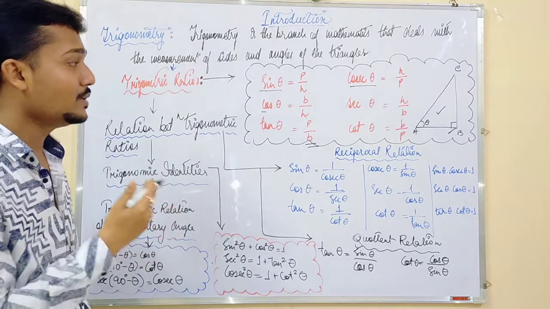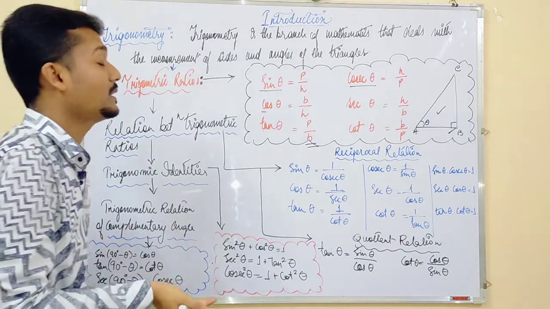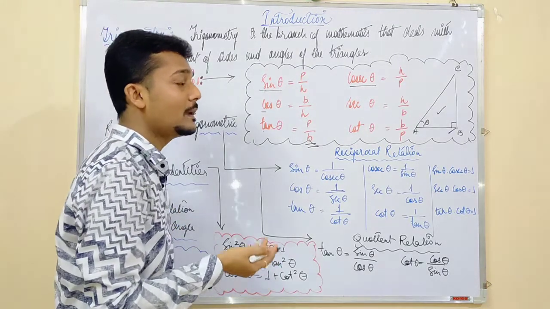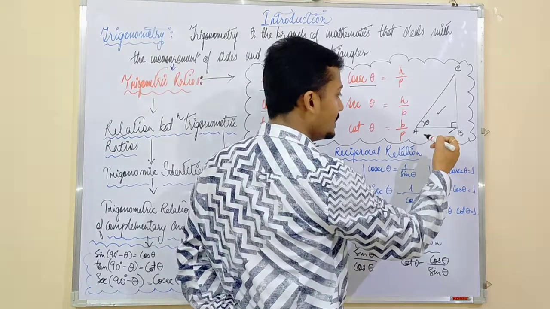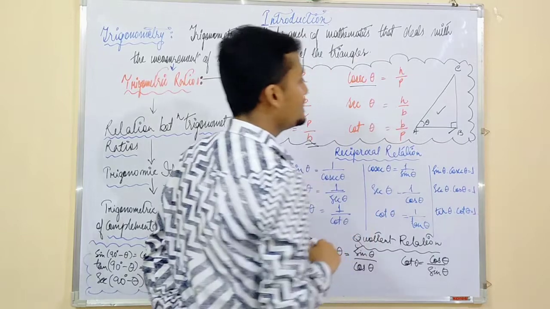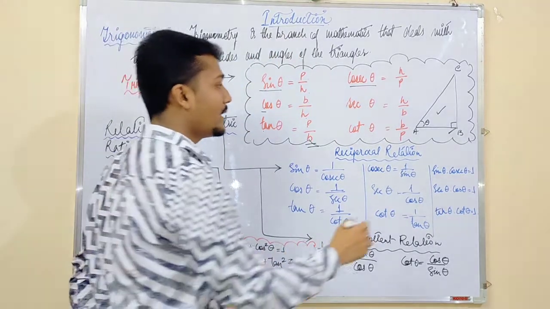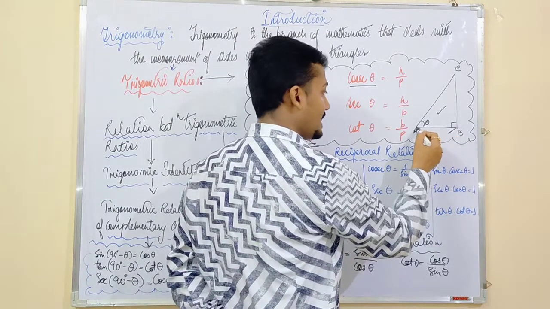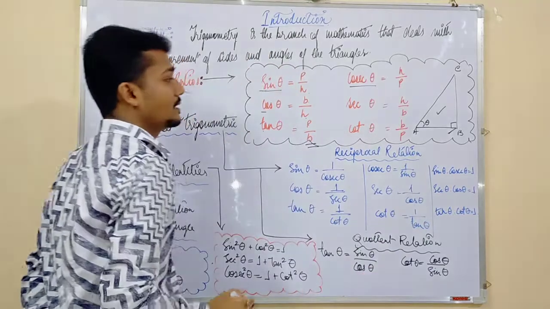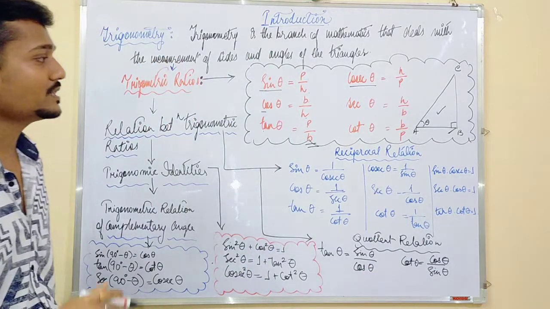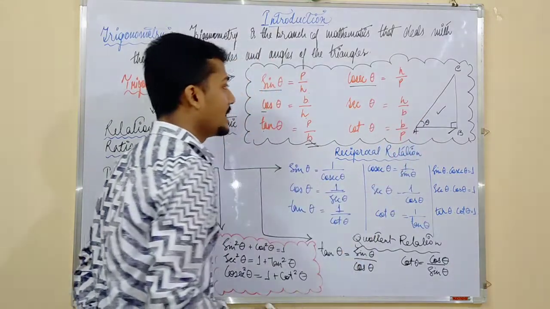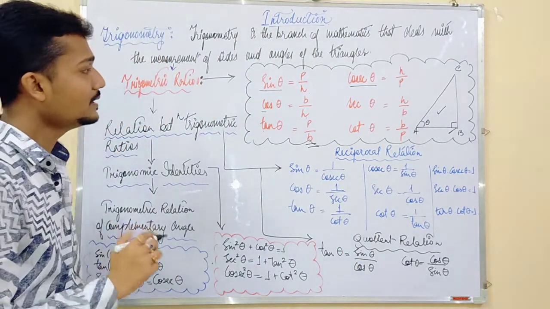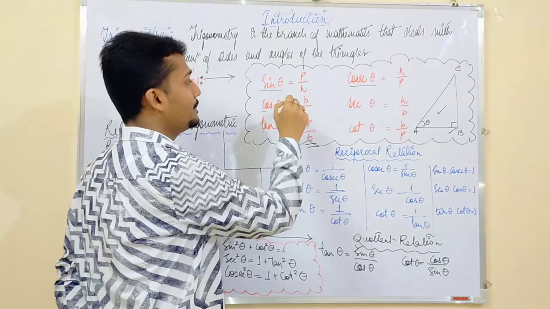Now what we will take as b, what we will take as h, and what we will take as p. Let us see in this particular triangle. ABC is a right angle triangle, right angle at B, and the angle we have chosen is A, marked as theta. So theta denotes the angle. Here sin theta is p by h.